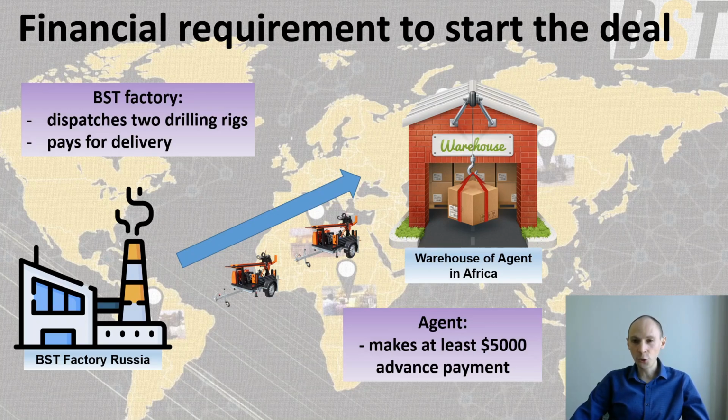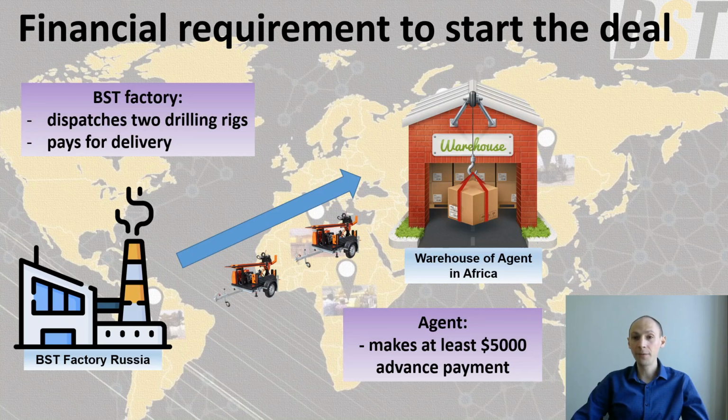Okay, so let us assume that you have met all the requirements of the agent which were specified at the previous slides, and now you are here in Russia, and we are discussing with you this business model.